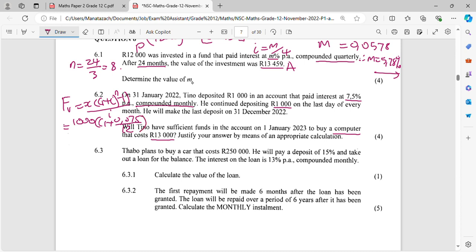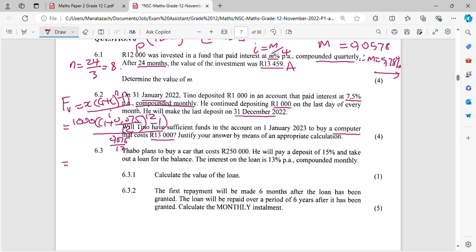Our n will have to be 12 months, since it's starting in January and we're trying to calculate the money at the end of December. So that will be our n. So that's exponent 12 minus 1 from the equation. Then you divide this by the i, which is 0.075 divided by 12.